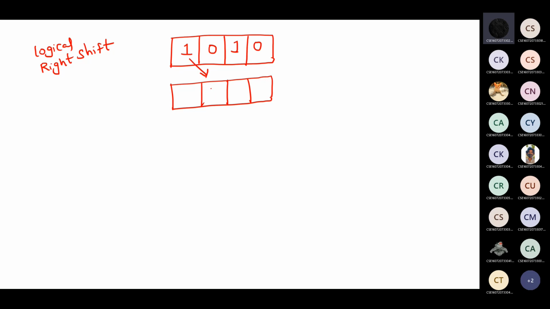See, this one comes here as 0, this one will be 1. Now here the most significant bit is empty. You need to fill this one with 0. Earlier we filled the least significant bit with 0, now you have to fill the most significant bit with 0. So what is the equivalent?